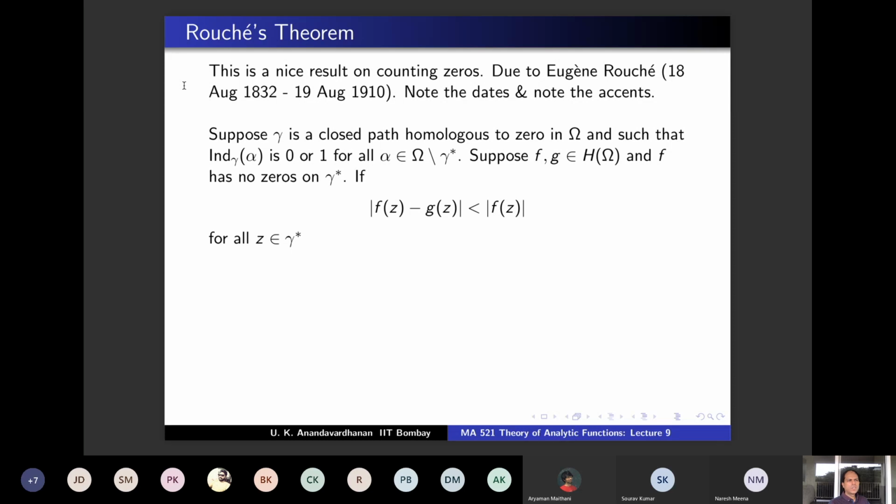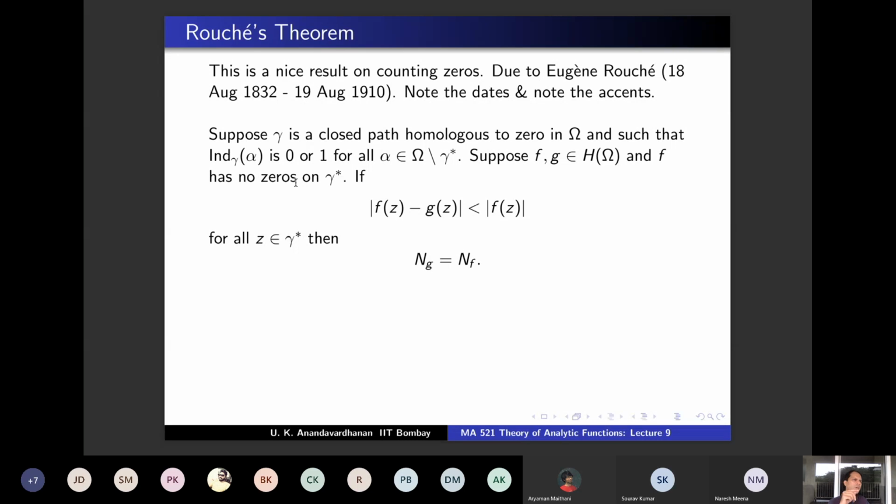This should remind you of that observation that we had: the distance between gamma 2 and gamma 1 is strictly less than the distance between alpha and gamma 1. When I don't have an alpha here, what is the meaning? Alpha is 0, so 0 minus f(z). This is happening on gamma star. Then the claim is that the number of zeros of g equals the number of zeros of f. This is Rouché's theorem.